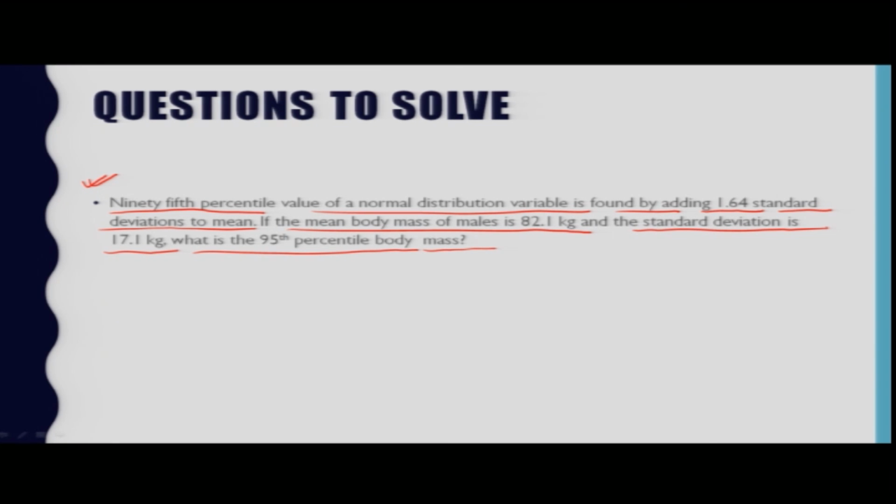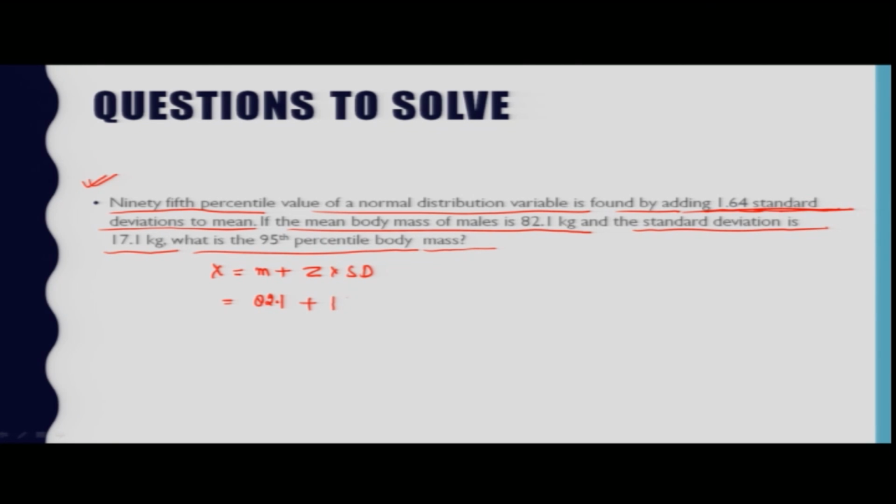So, here again we will use the same formula. Here the things are given: mean body mass is 82.1 plus this particular value, which is itself given. You just have to make a sentence in mathematical form. You can easily convert this sentence into the mathematical equation: found by adding 1.64 standard deviation to the mean.